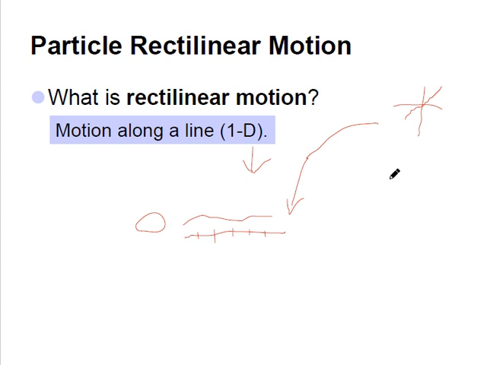Or you can imagine an elevator. That's also another good example, going up and down, moving up, moving down. There is no turning, no rotation, no curving involved in this type of motion.